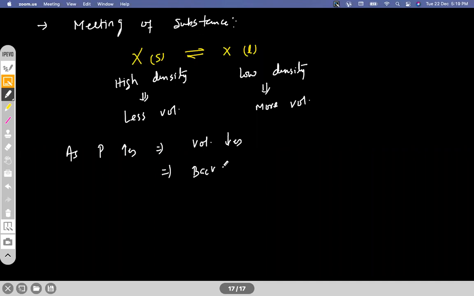We'll have the backward shift. Now in backward shift, what happens? More solid forms, right? More solid forms. And this is possible when the melting point increases or decreases. Increases. Melting point increases.